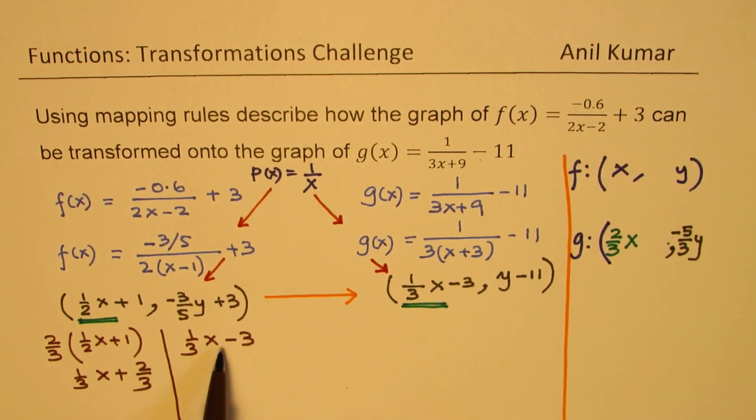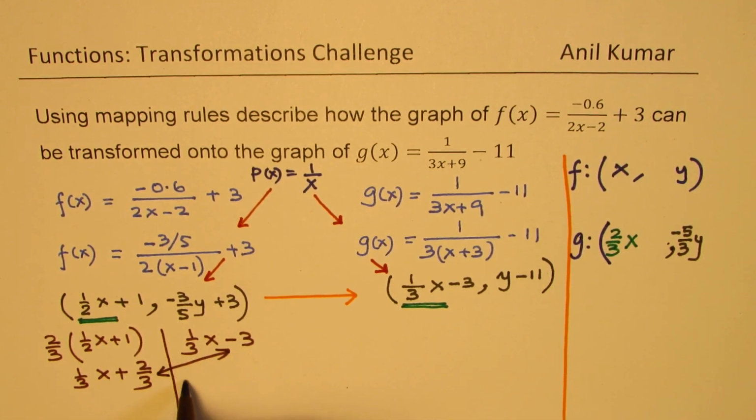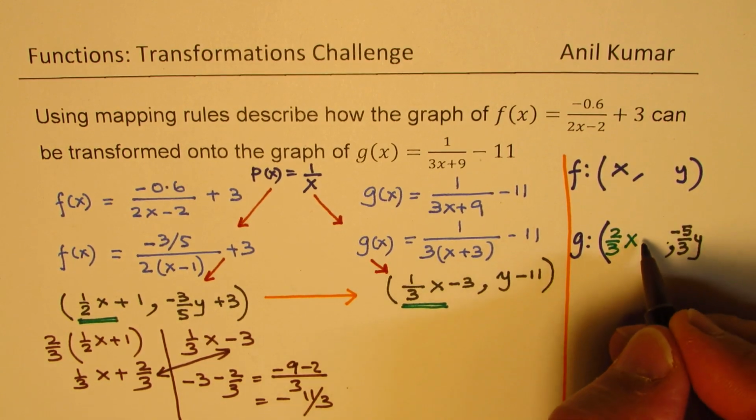So these are the two comparisons which we are making. Horizontally, what is the difference? Well, it is -3 minus 2/3, right? So relating these two, we get -3 minus 2/3 as the result, which is equal to -9/3 minus 2/3, or I can write -11/3.